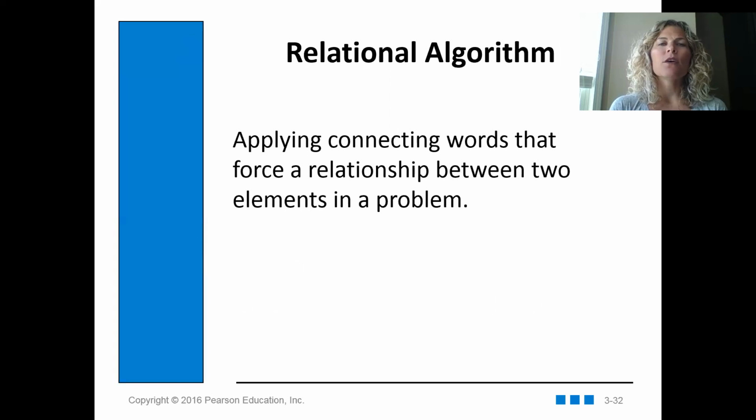The relational algorithm is taking your problem definition and replacing the connecting words. So an example might be, the problem is that our customers are not satisfied with our service.